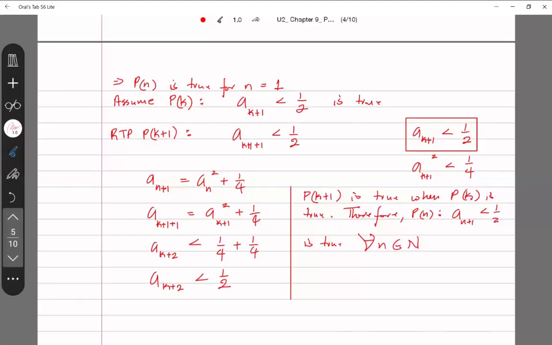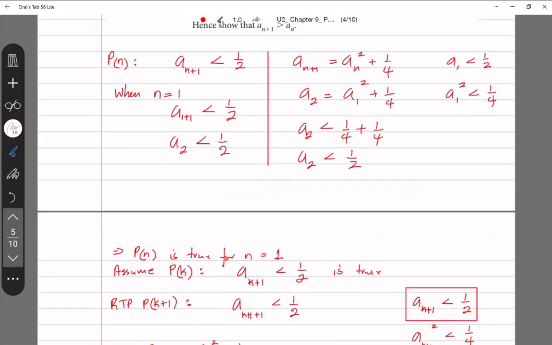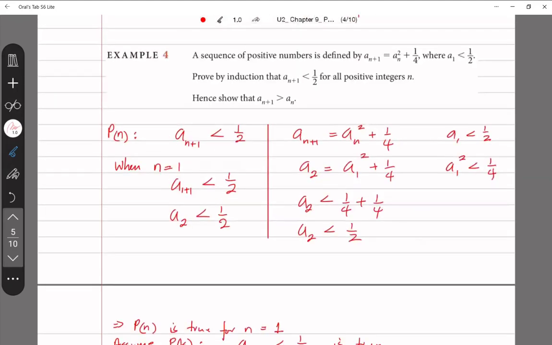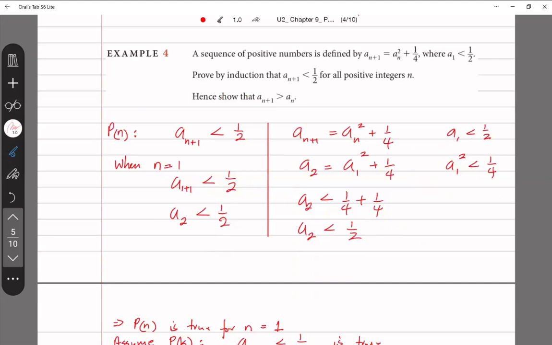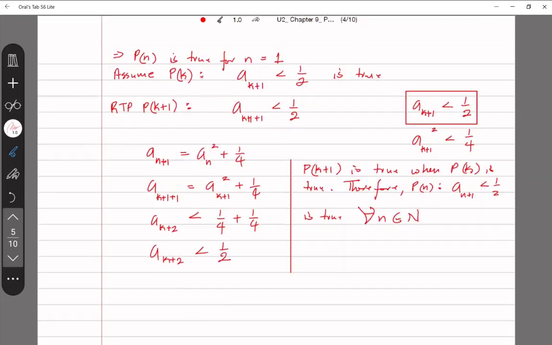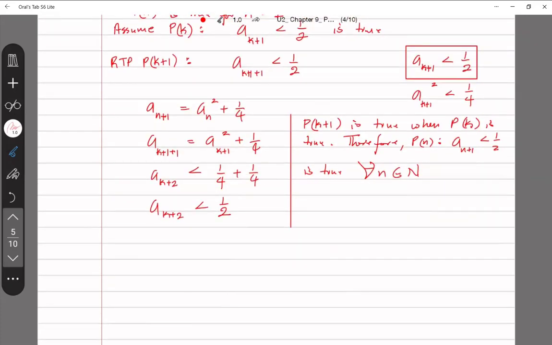All right, so there's a B part of the question. The B part of the question says, hence show that a subscript n plus 1 is greater than a_n. So we're to show that a_(n+1) is greater than a_n.